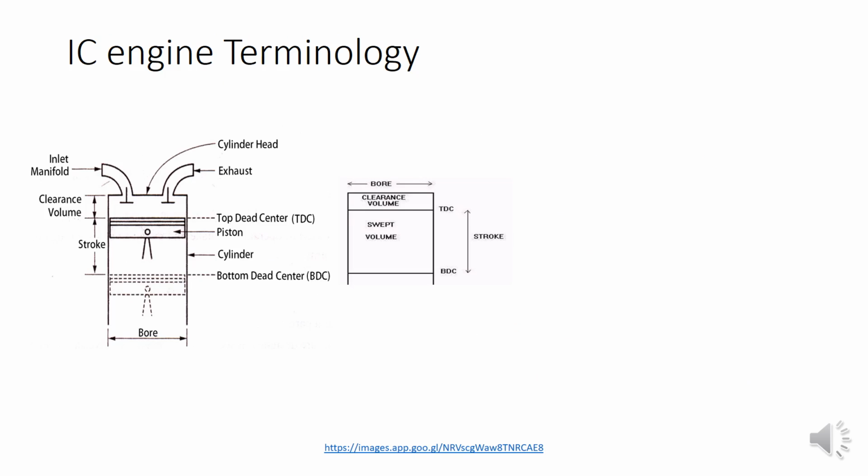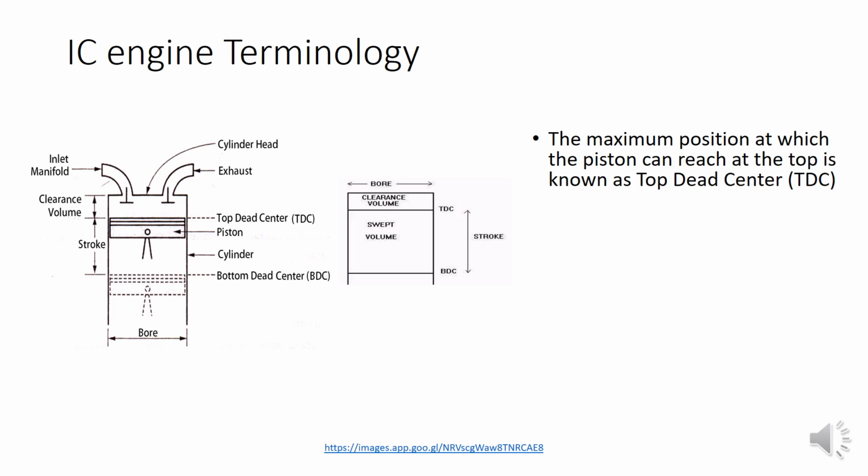First we have to understand two terms, that is what is TDC and what is BDC. TDC is top dead center, BDC is bottom dead center. TDC is the maximum point up to which the piston can reach when it is moving upward, or when it is at the top, that is known as the top dead center.